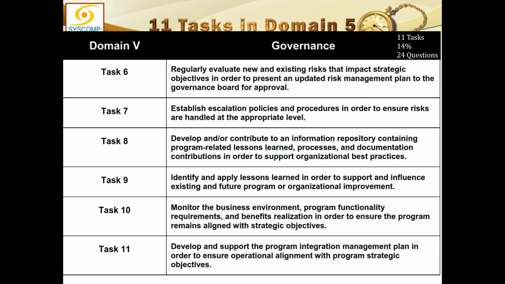Now, this is one escalation path: if something is not within the domain of the project, it will be escalated to the program level, and if it is bigger than the program, then this risk might be transferred to the organization. Right. So that much is for the escalation policies and procedures.